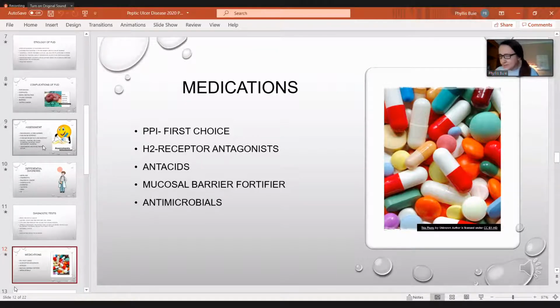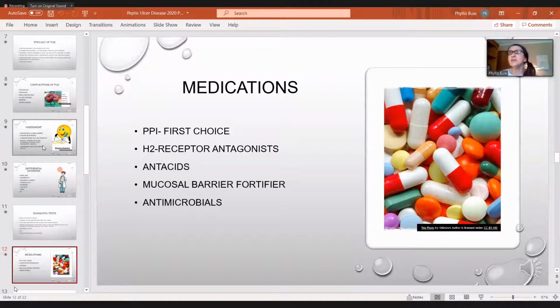A lot of the examples of those are Prilosec, Prevacid, Protonix, Nexium. Most of these can also be available in delayed release if needed, or if we can't do that, we can actually dissolve it. If the person has a feeding tube, we can dissolve it and put it down the feeding tube. Sometimes they can have a liquid, or they can compound a liquid for you so that it is absorbed correctly.